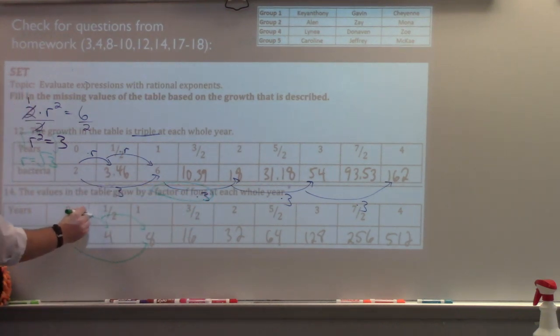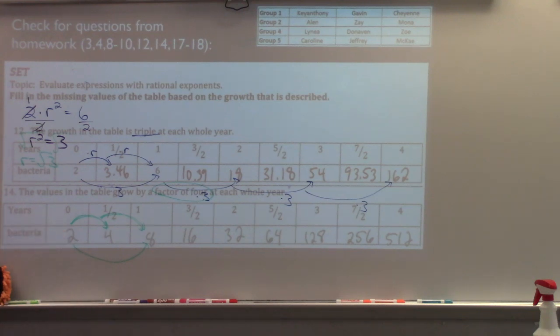Did they tell you at half a year? No. I think it's common sense. It is, but is it always going to be common sense, or should we have a go-to method that always works? The go-to method. Go-to method that will always work.